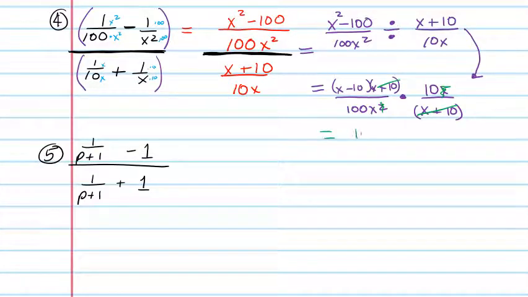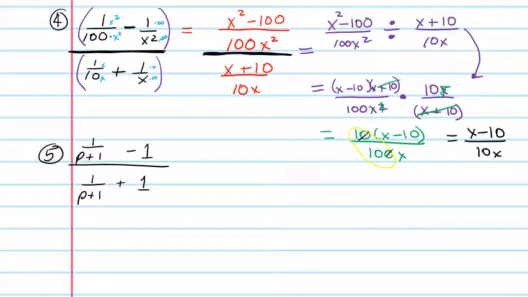And then we've got 10 times x minus 10 over 100x. And I think I can reduce that. I know I can. And so my final answer would be x minus 10 over 10x.